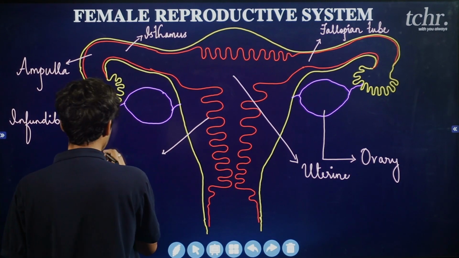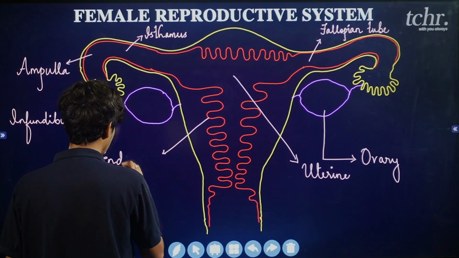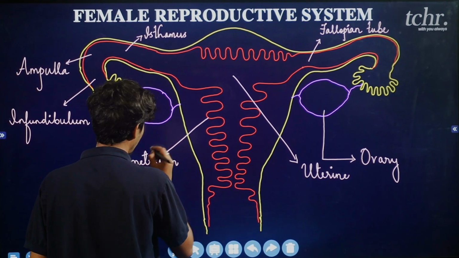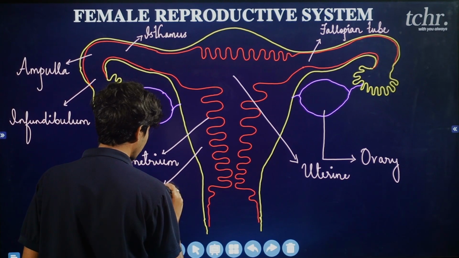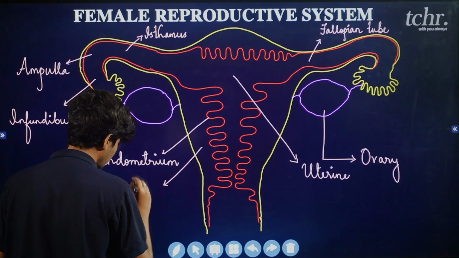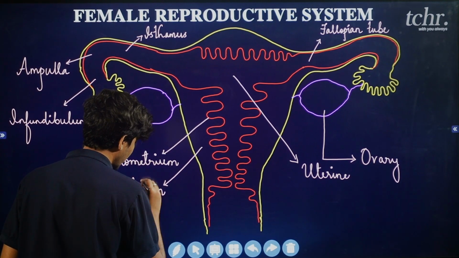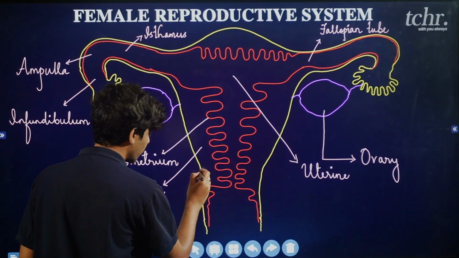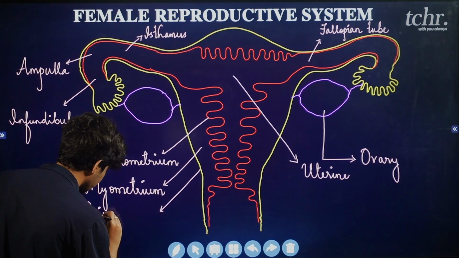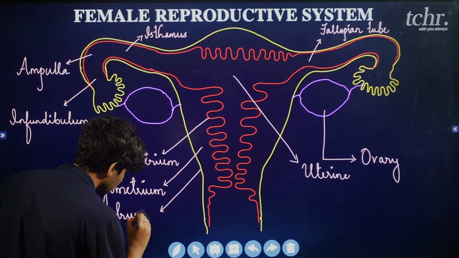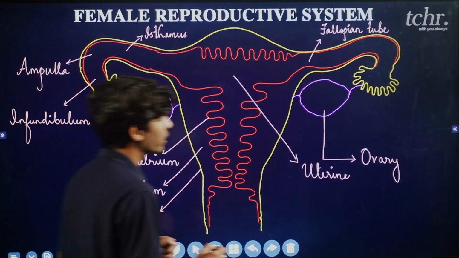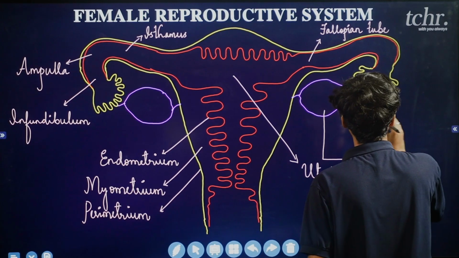They are referred to as endometrium, which is the innermost layer, myometrium, which is the middle layer, and the perimetrium. So you should not forget about the finger-like projections. They are called fimbriae.